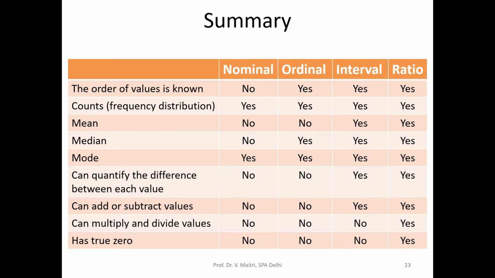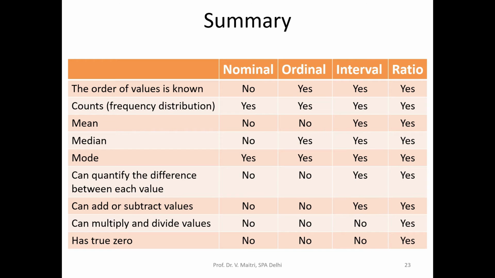But ordinal data we can arrange in ascending or descending order, like very good, good, poor, very poor, so median can be found. Interval and ratio data we can arrange, so median can be found. Now mode: in nominal data, we can find which value appears the maximum number of times. For ordinal, interval and ratio, yes, you can do that too.